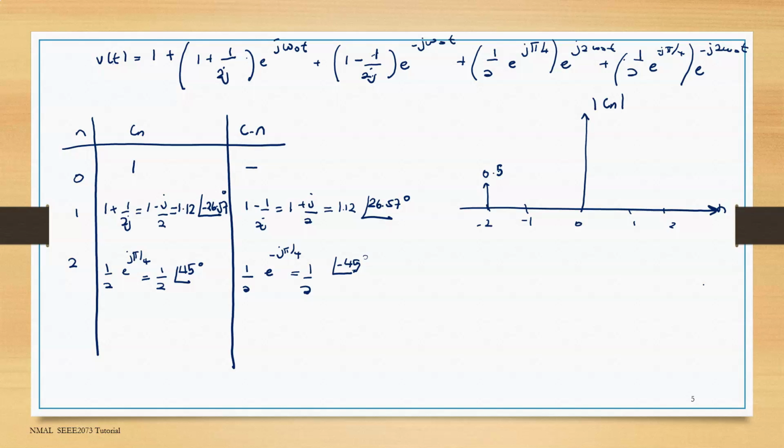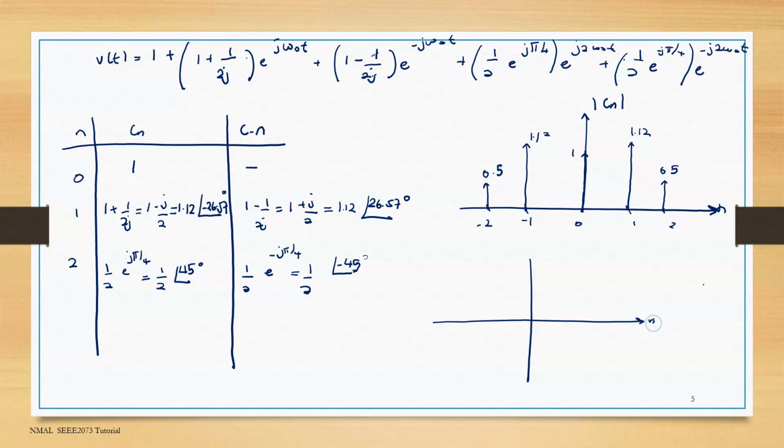For negative 1, it is 1.12, and then 1 for 0, 1.12 for 1, and for n equal to 2, it is 0.5. So this is the plot of the magnitude, and another one is the plot for the phase.